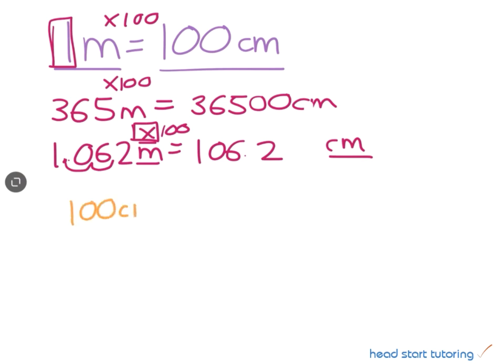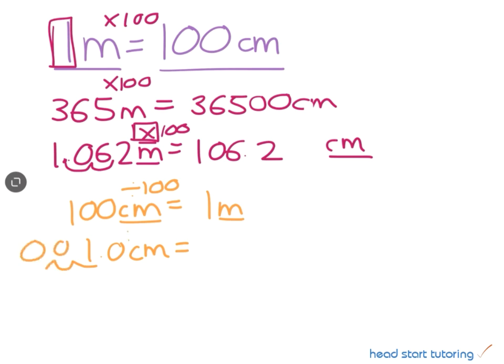Right, now let's have a look if we do it the other way around. 100 centimeters is equal to 1 meter. So we are dividing by 100 when we go from centimeters into meters. So 1 centimeter is therefore equal to, if we write our 1 as 1.0, if we divide this by 100, we move our decimal point 2 spaces back.